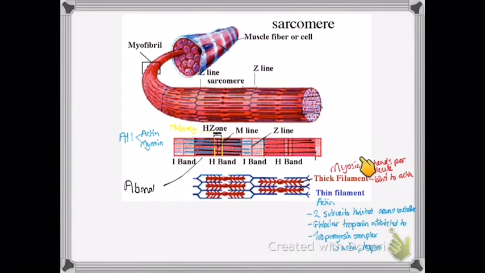Let's have a look at actin and myosin. So myosin has 2 heads per molecule and binds to actin. We'll look at the sliding filament hypothesis next. And we've got actin, which is 2 subunits twisted around each other. We've got actin, tropomyosin, and this globular protein called troponin.